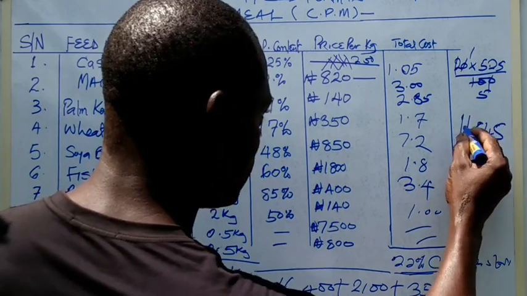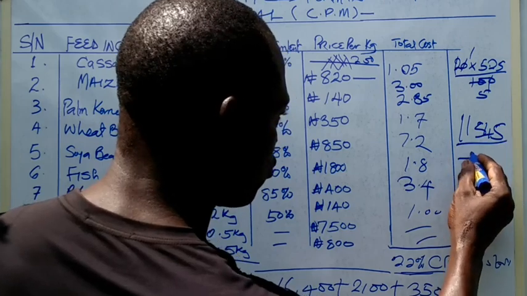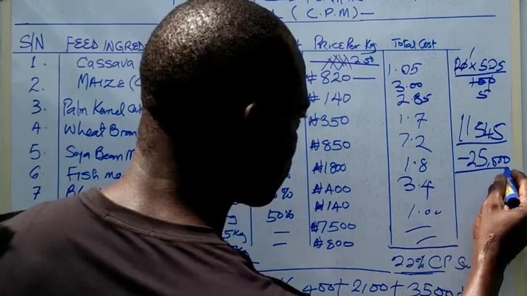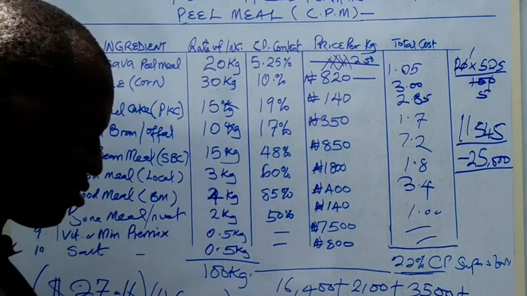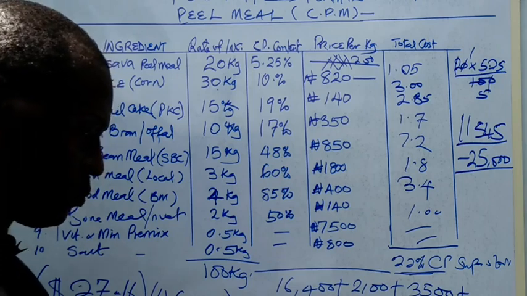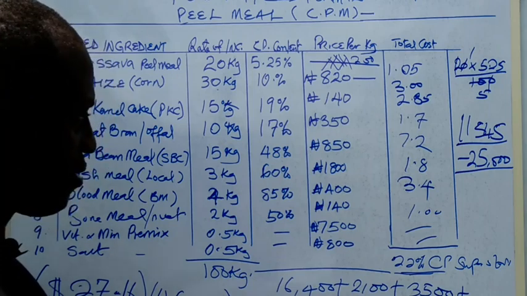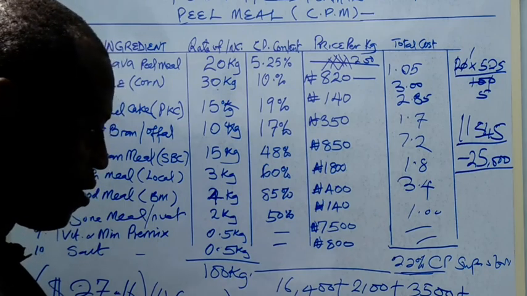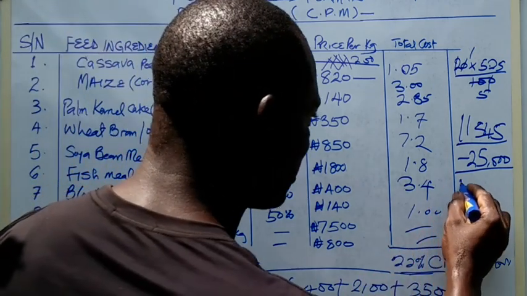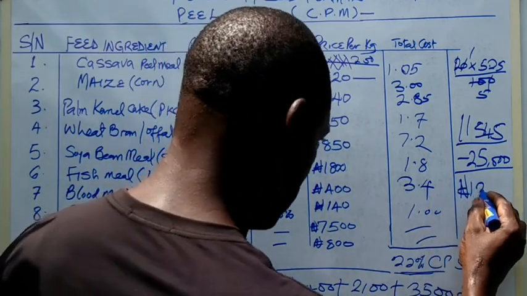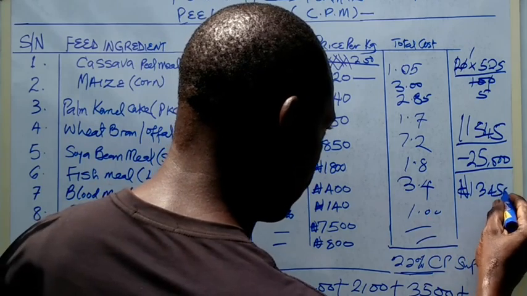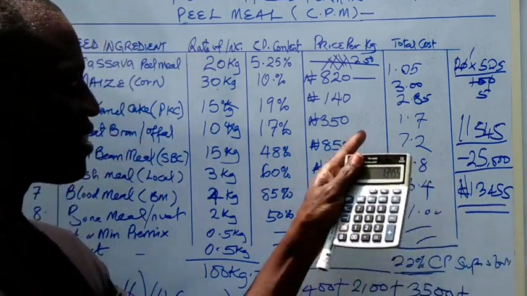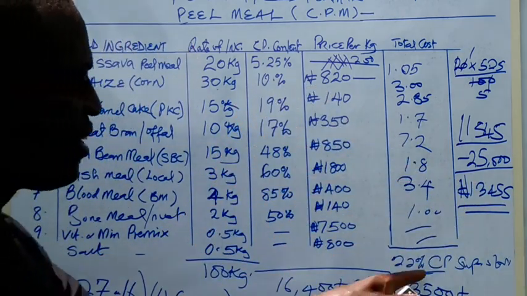Let's use 25,000 naira, minus 11,545. You are saving about 13,455 naira. This is what you are saving for using this cassava peel to make a very rich feed.